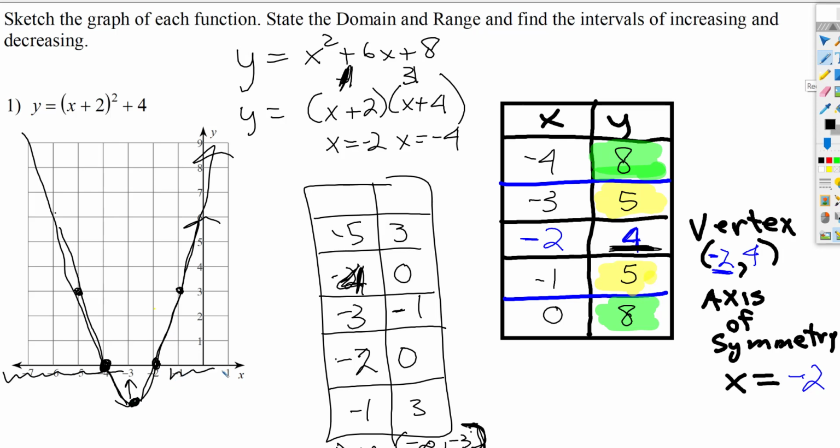So all of these x values from negative 3 to infinity, the y values are increasing. And then for domain, remember, negative infinity to positive infinity, always for a polynomial. And then the range, what's our lowest value? Negative 1. And on this graph, it's going up, so you say positive infinity. All right, that is it for this video.